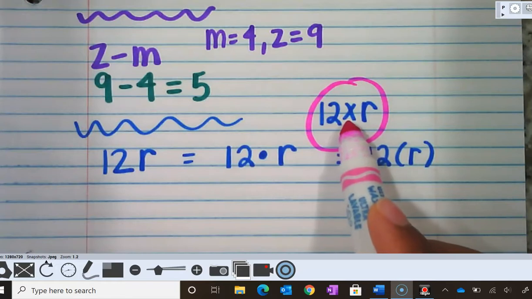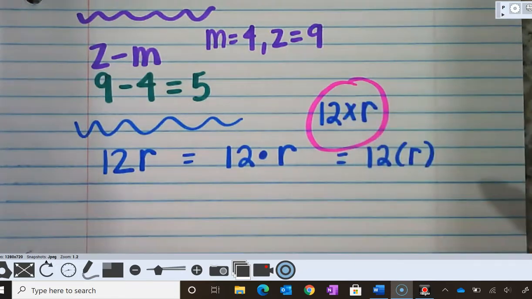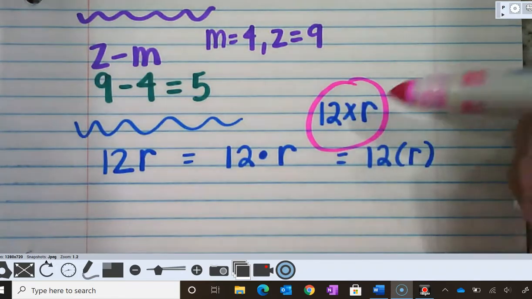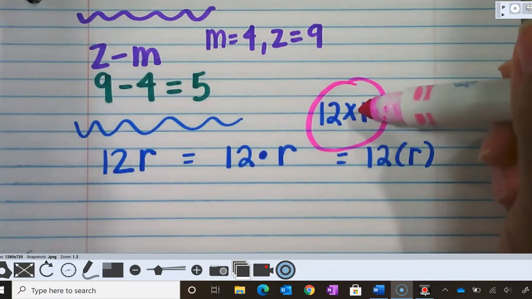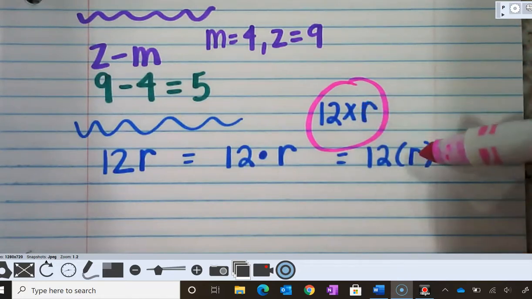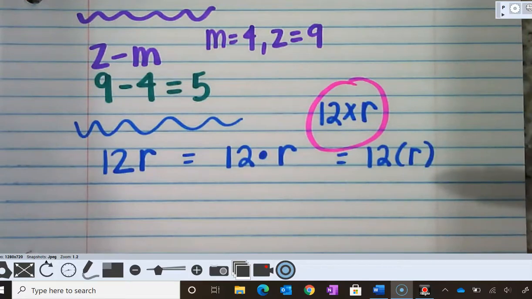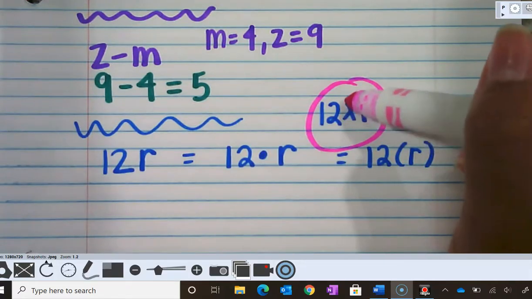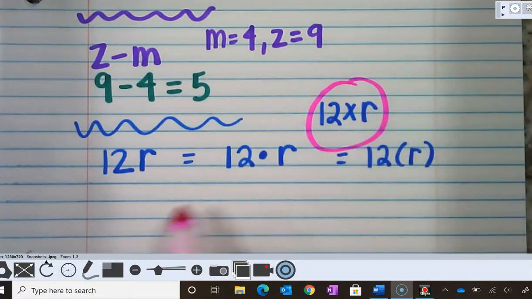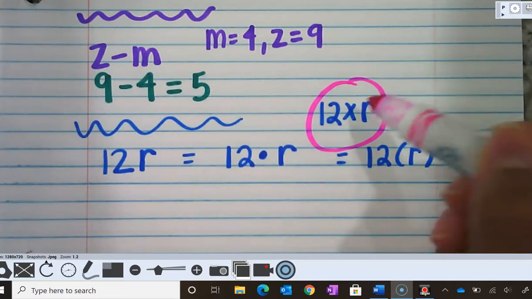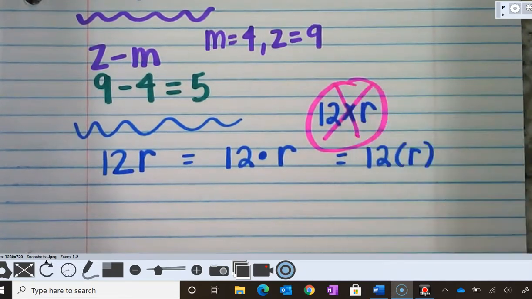So I don't want to put an x for multiply because it confuses, is that a variable or is that multiplication? So as we're dealing with variables in our problems, you're most likely not going to see x for multiplication. You're most likely going to see letters and numbers right next to each other, a dot, or numbers in parentheses. So you won't see this method too often anymore.